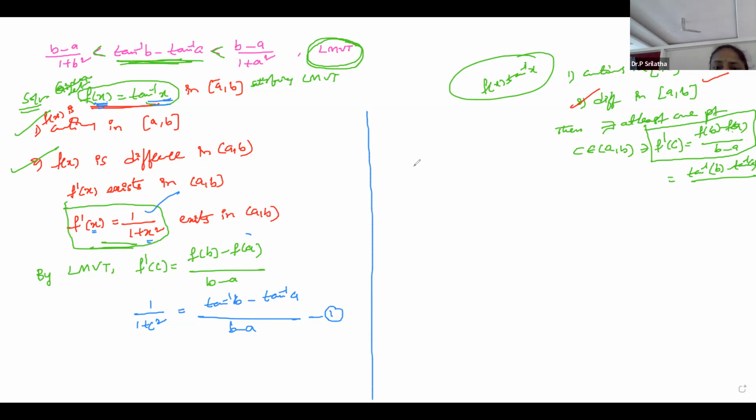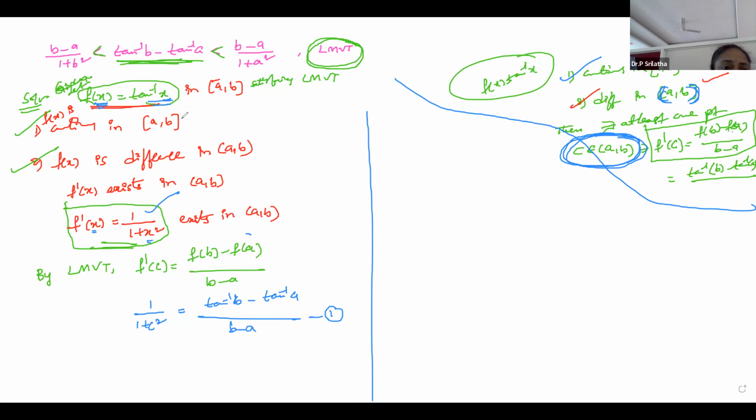Now coming to the next part. The leftover part is here: c belongs to the open interval (a, b), isn't it? Here we have 4 conditions, right? First, it is continuous in the closed interval [a, b], and it is differentiable in the open interval (a, b), and then there exists at least one point c belonging to the open interval (a, b) such that the main formula is f'(c) = (f(b) − f(a))/(b − a).